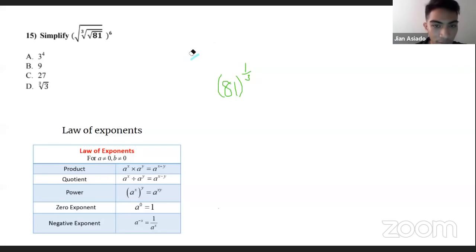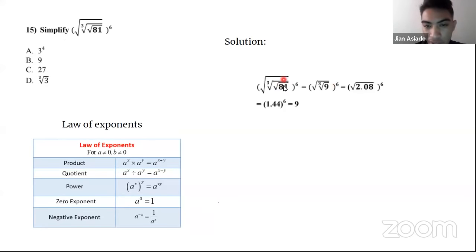Okay, and going back to the question, pero iba yung ginawa dito sa slides, no? Yung ginawa naman sa slides, ayan, solution niya, kinuha niya lang yung square root ng 81, which is 9, tapos kinuha niya yung cube root ng 9. Though ito, gagamit ka ng calcu, but sa UPCAT wala namang calculator.